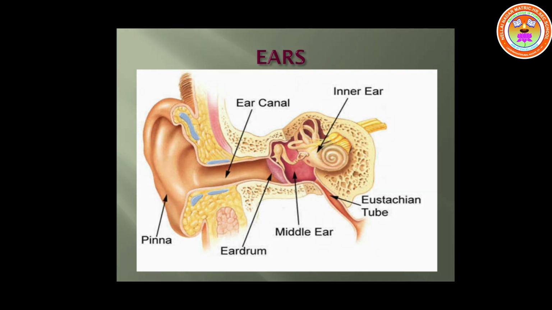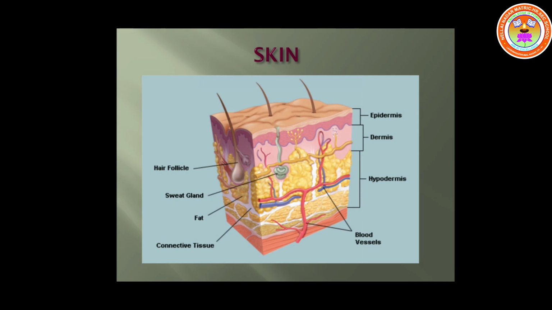Skin. Skin is the largest sense organ as it covers the whole body. The skin helps to feel the things around us by touching, that is, whether they are hot or cold, smooth or rough, dry or wet, hard or soft.